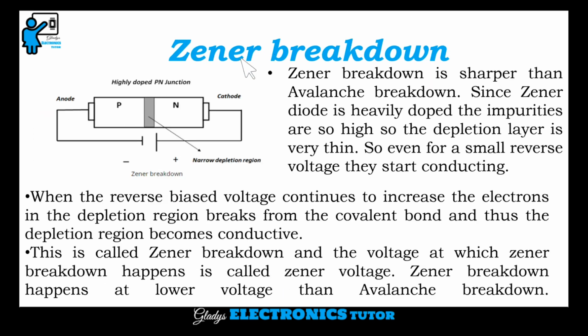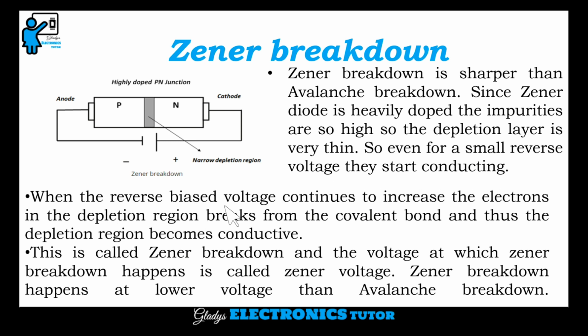Next, we'll see about the Zener breakdown. Zener breakdown is sharper than the avalanche breakdown. Since Zener diode is heavily doped, the impurities are so high, so the depletion layer is very thin. So even for a small reverse voltage, they start conducting.